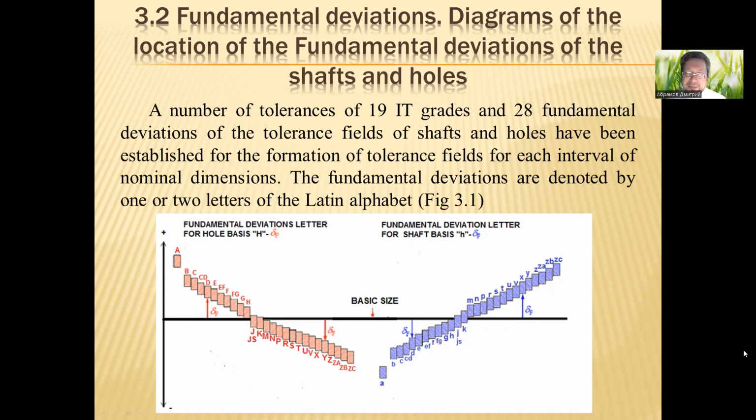The fundamental deviations are denoted by one or two letters of the Latin alphabet. You can see A, B, C, CD, D, E, F, FG, G. For holes, we use big letters, and for shafts, we use small letters.